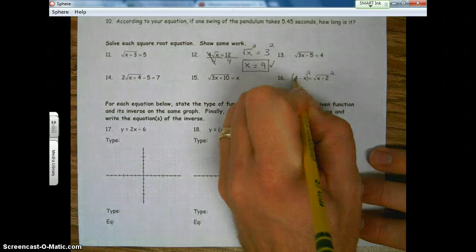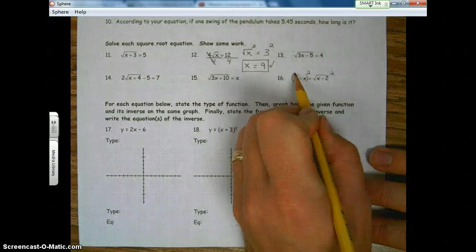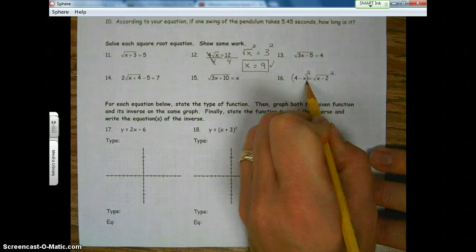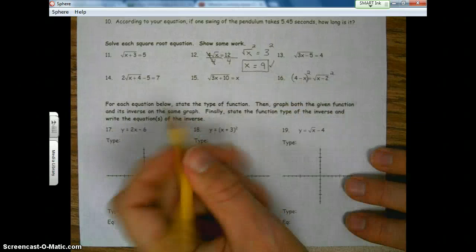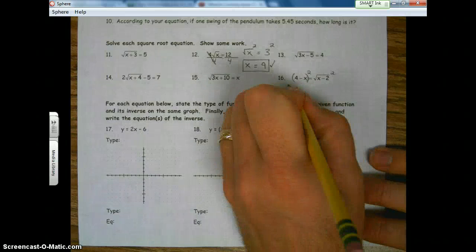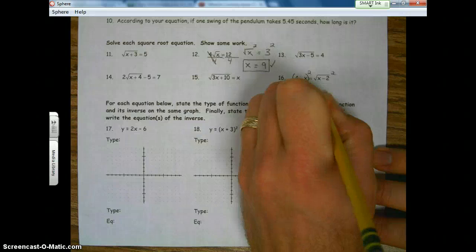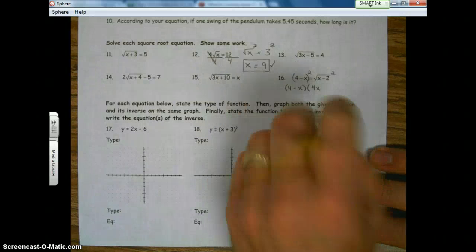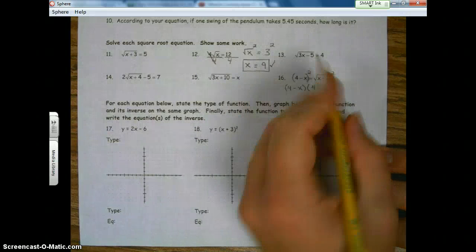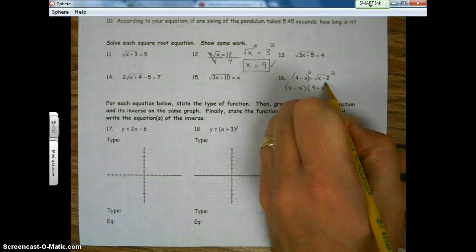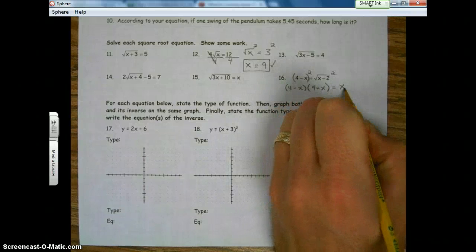Anytime you do something to a group, you want to put the grouping symbol on it and then do whatever it is you want to do to it. So we're going to have 4 minus x times 4 minus x equals x minus 2.